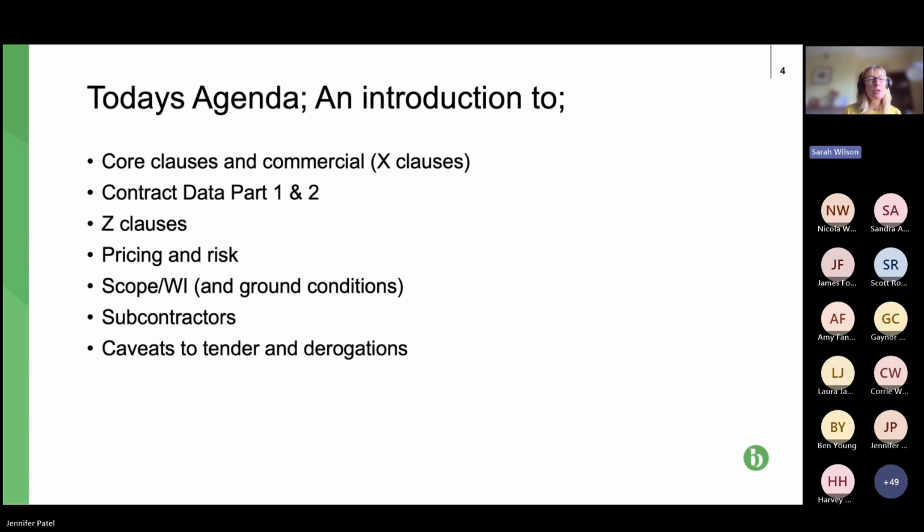We're also going to look at the ancillary documents to an NEC form of contract, so scope, collateral warranties, all those kind of things, pricing and risk, and how that's done, and then some of the risks, so the scope or works information. We're going to touch on subcontracting, and also a final point on caveats to your tenders and derogations. So if we can move on to the next slide, please, Jen.